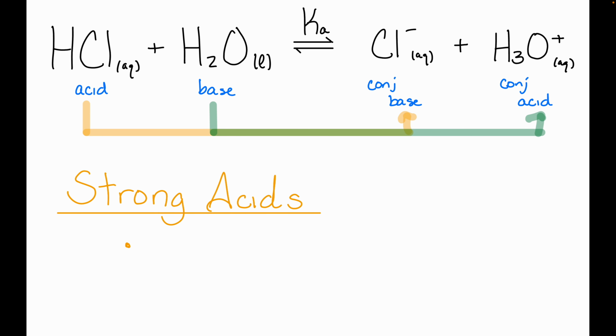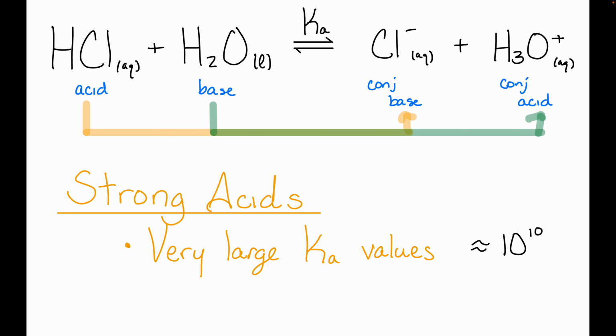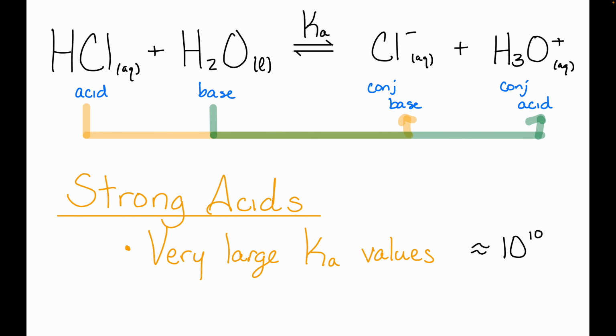So, strong acids, they have very large Ka values. Hydrochloric acid, for example, that Ka value is something like 10 to the positive 10. So what would we say about this reaction for hydrochloric acid? Does it favor the products or the reactants? Products. And does it strongly favor the products or weakly favor the products?